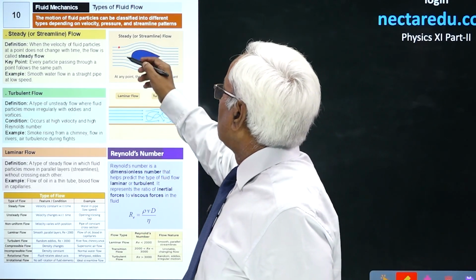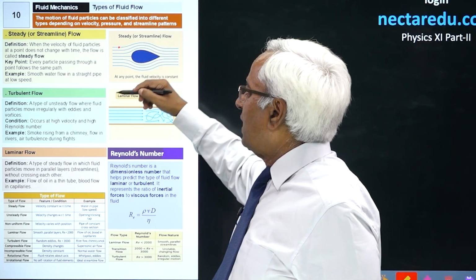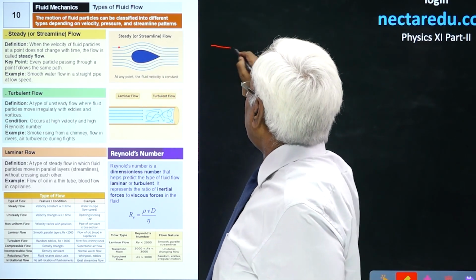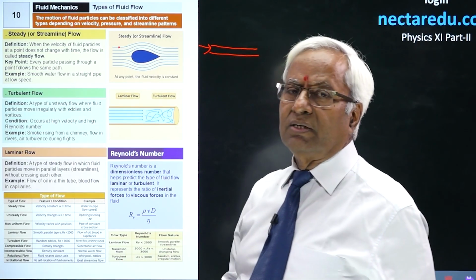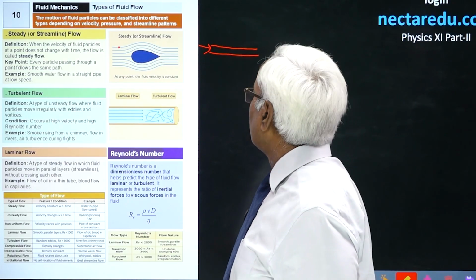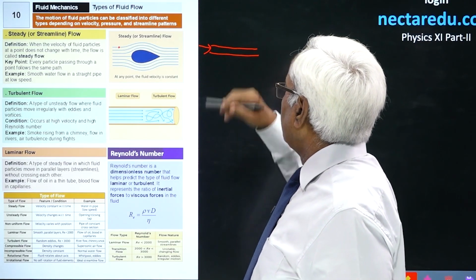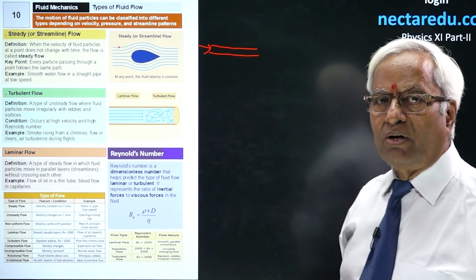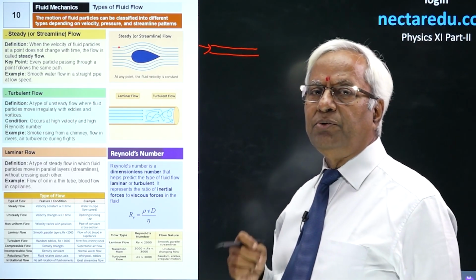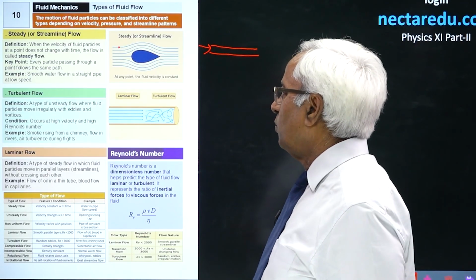This is what we call a streamline. When there is a smooth flow of water in a pipe, it is a very good example of streamline flow, but this has to be maintained by keeping the velocity low. The magnitude of the velocity should be low.